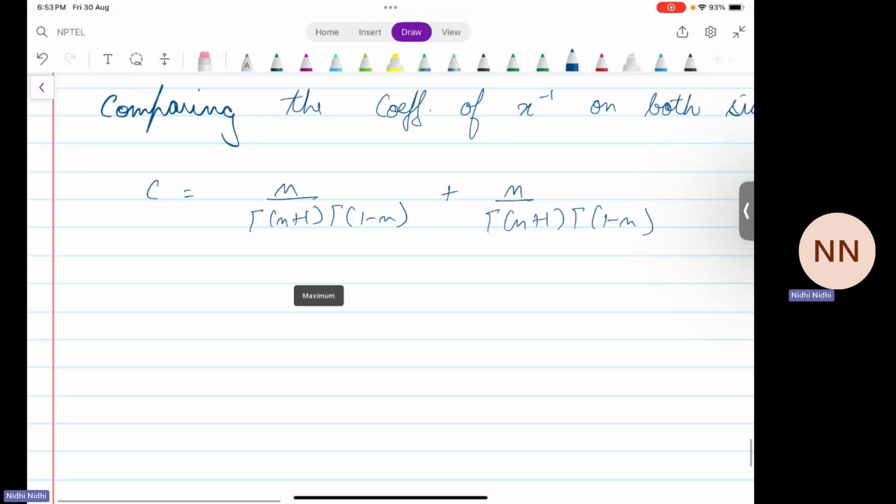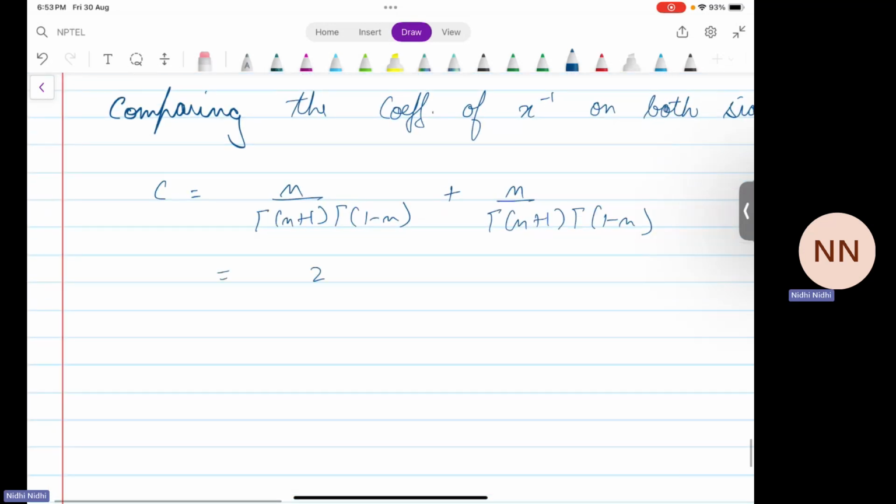So this is basically 2n times gamma n plus 1 gamma 1 minus n, where gamma n plus 1 is n times gamma n. So 2n by n gamma n times gamma 1 minus n. This n gets cancelled out. We have 2 by gamma n gamma 1 minus n.